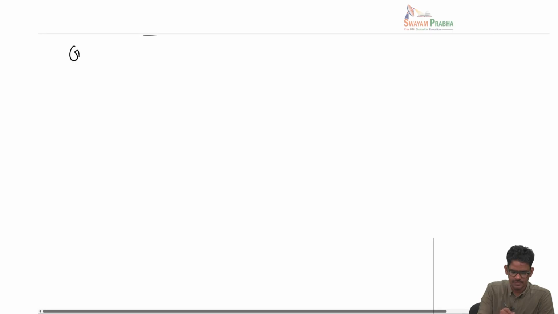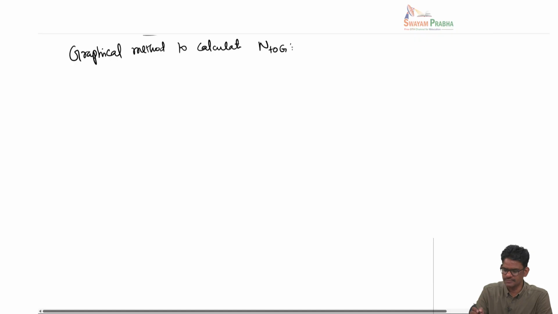So the next topic is to look at the graphical method to calculate, let's say, NTOG. First of all, how do we define NTOG? This is defined as an integral from Y2 to Y1.